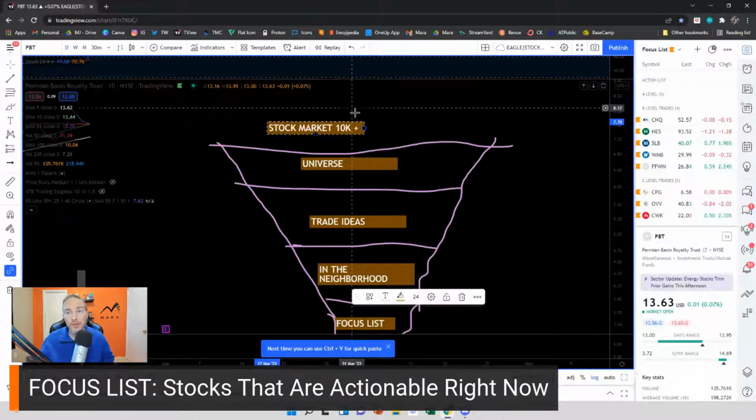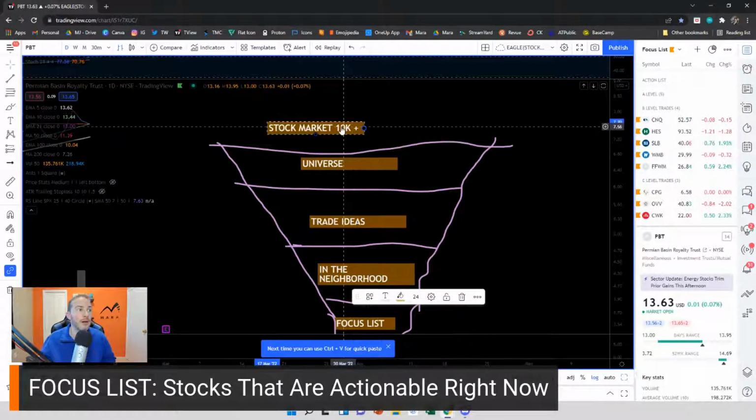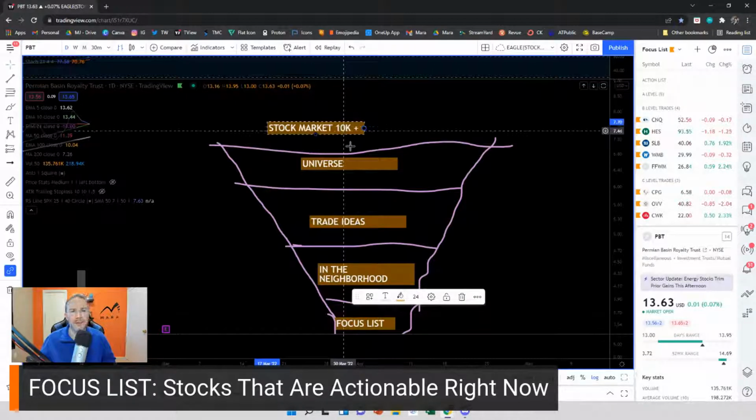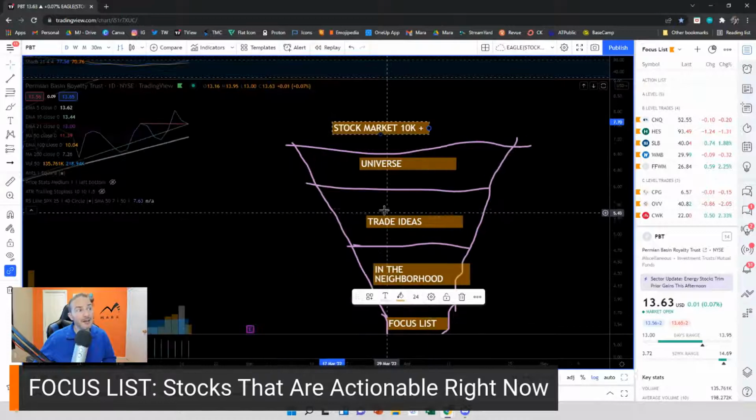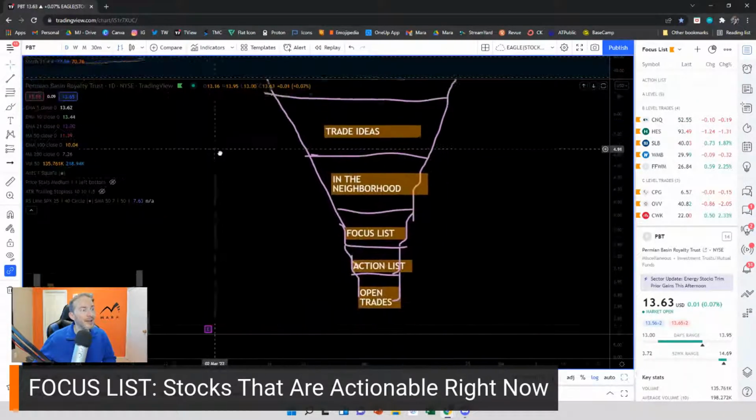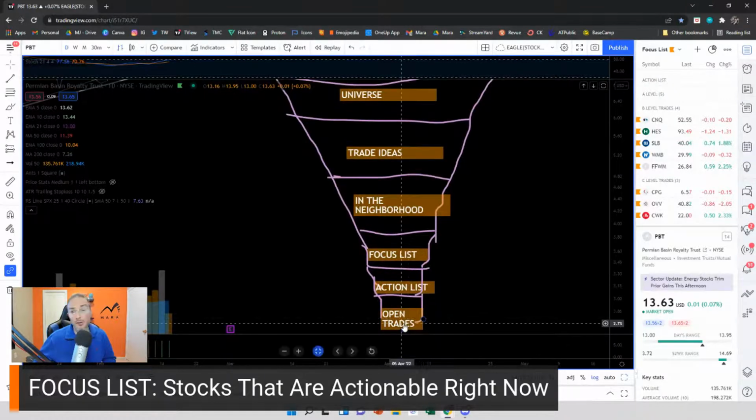My universe is only about 250 right now. So I've already filtered from 10,000 plus down to about 250. And then we go further and further down this filter, and that's how you finally get to the trades that we're going to put money in, right?